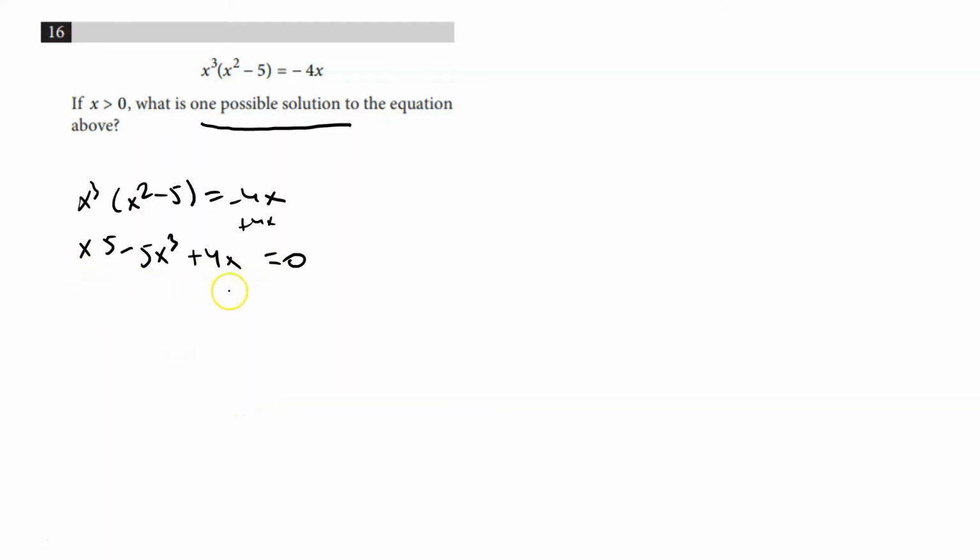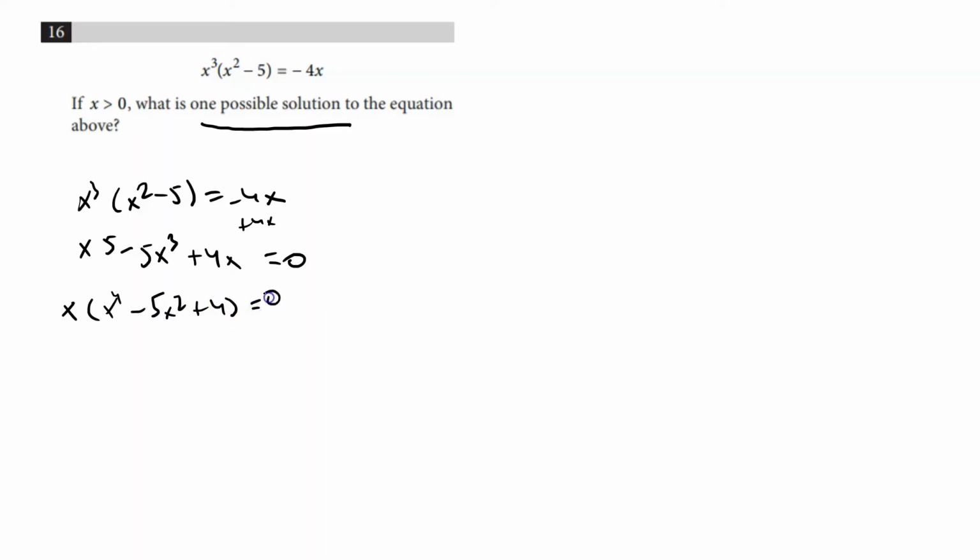A common term in all of these is x, so we can factor out an x. And like I said, factoring out means just dividing from each term. So x to the fifth divided by x is just x to the fourth, minus 5x cubed divided by x is just 5x squared, and 4x divided by x is just 4.